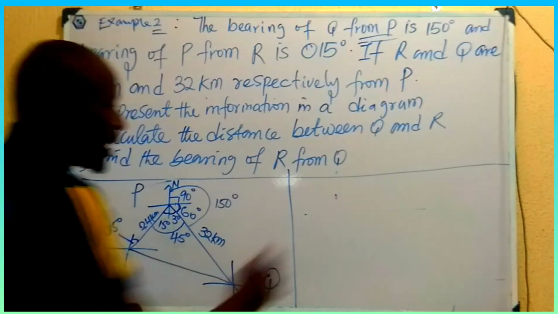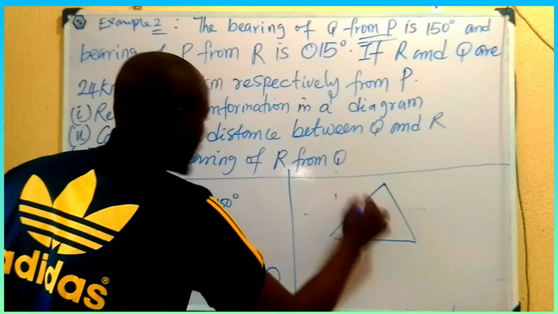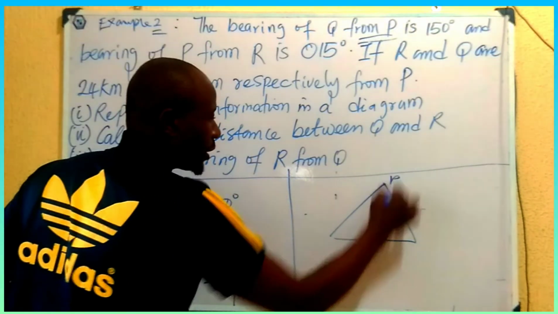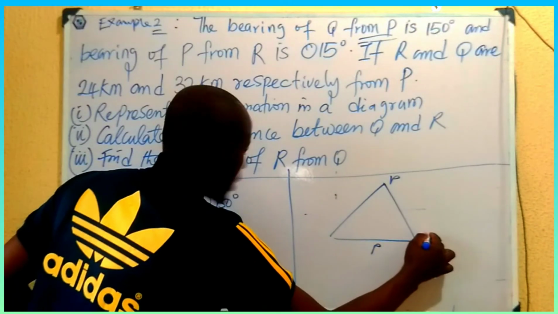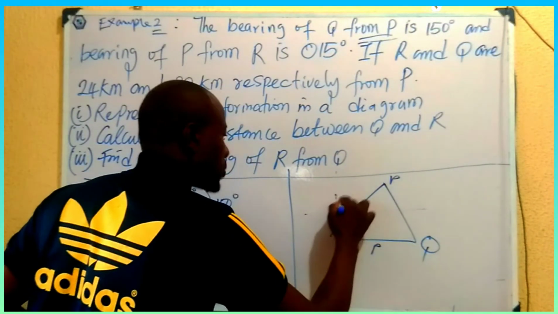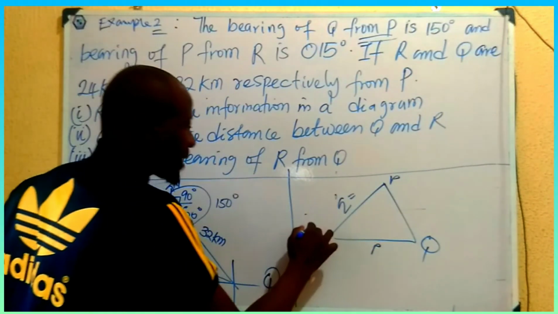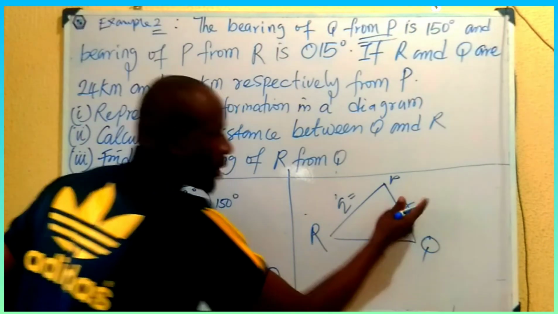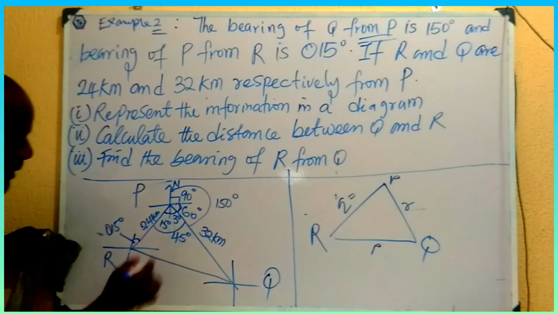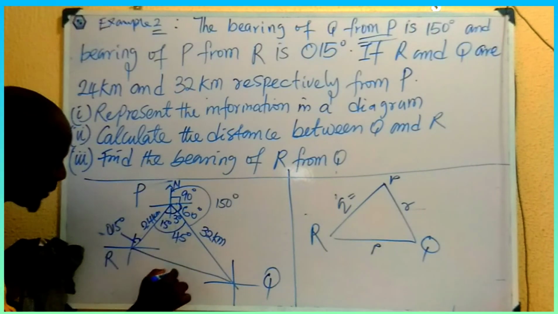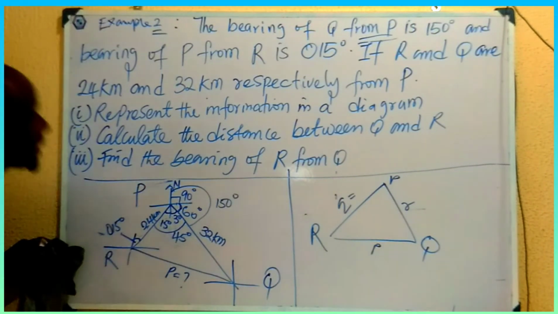Now, we go back to the labeling of the triangle. If here is P, here automatically will be small p. If here is Q, here will be small q. And if here is R, here will be small r. Remember the labeling of this triangle. The side facing P is our small p, and that is the distance they are looking for.